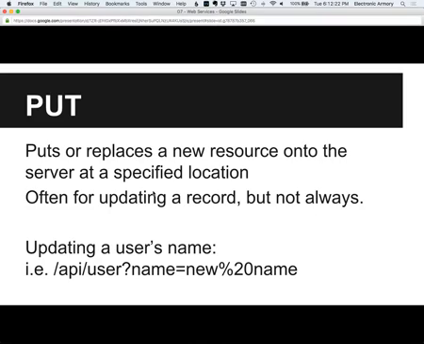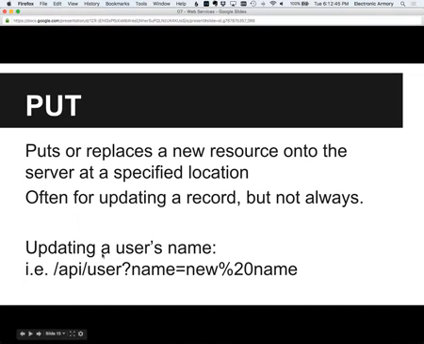This is often for updating a record, but not always. For example, if you want to change your username, that would be a put, and it's putting that data on top of your current username. It's specifically saying, put this data exactly here.